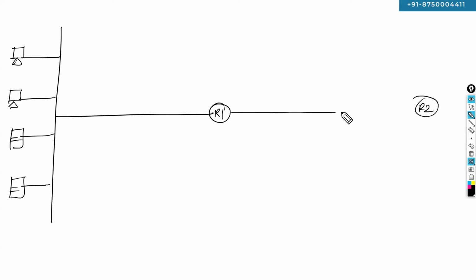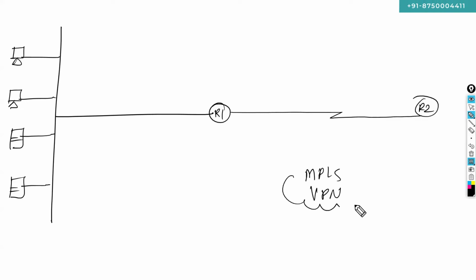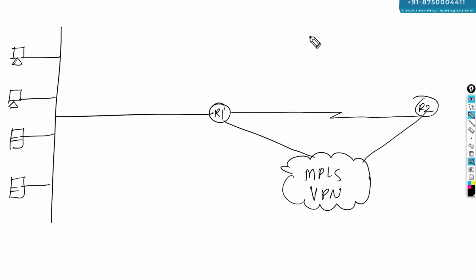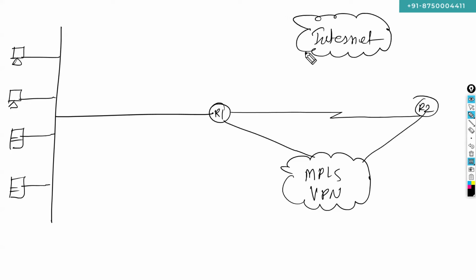You can connect two branches with the help of a leased line, with MPLS VPN, or you can also connect two branches via internet. So between two branches, connectivity can be in these formats: leased line, MPLS, or internet connection.